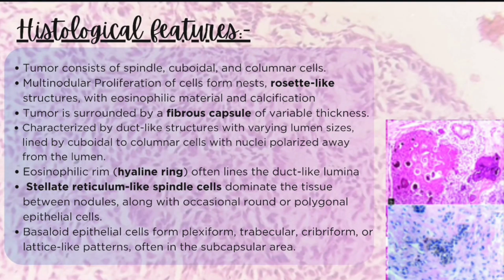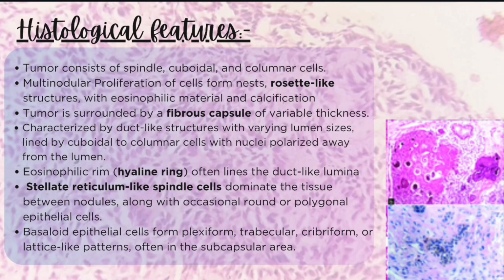Tumor is surrounded by fibrous capsule, as I have told, of variable thickness based on body's immune response. It is characterized by duct-like structure with varying lumen sizes, lined by cuboidal to columnar cell with nuclei polarized away from the lumen. The eosinophilic rim, that is hyaline ring, often lines the duct-like lumina.